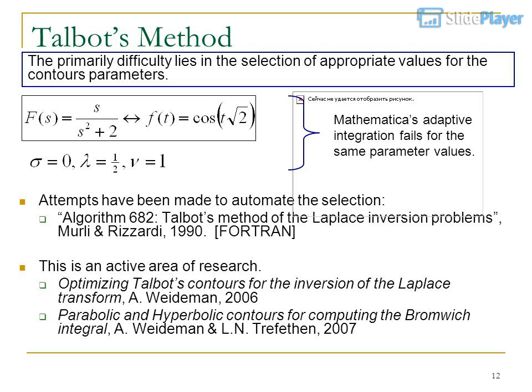This is an active area of research. Optimizing Talbot's contours for the inversion of the Laplace transform, A. Weideman, 2006. Parabolic and hyperbolic contours for computing the Bromwich integral, A. Weideman and L. N. Trefethen, 2007.